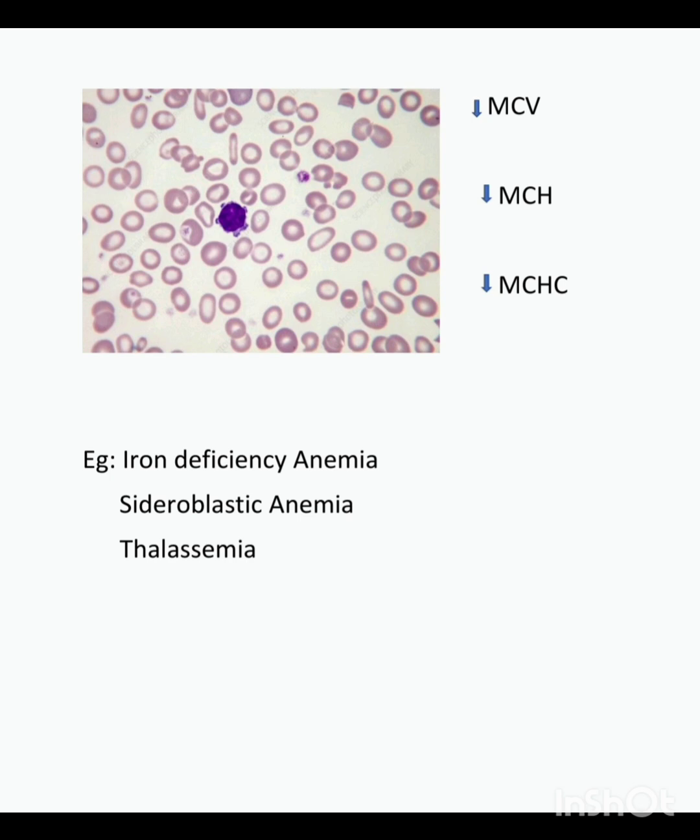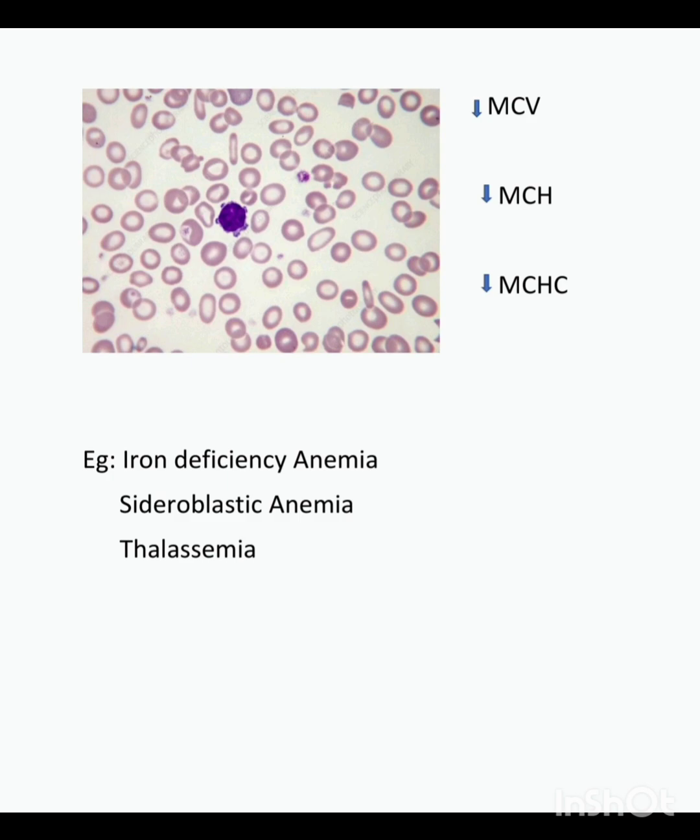Laboratory findings typically show a decrease in MCV, that means mean corpuscular volume, a decrease in MCH, that means mean corpuscular hemoglobin, and a decrease in MCHC, that means mean corpuscular hemoglobin concentration. Most common examples of microcytic hypochromic anemia include iron deficiency anemia, sideroblastic anemia, and thalassemia.